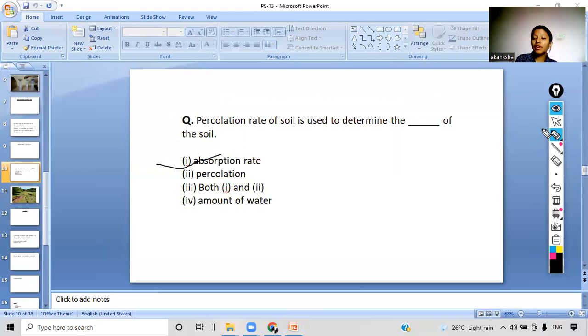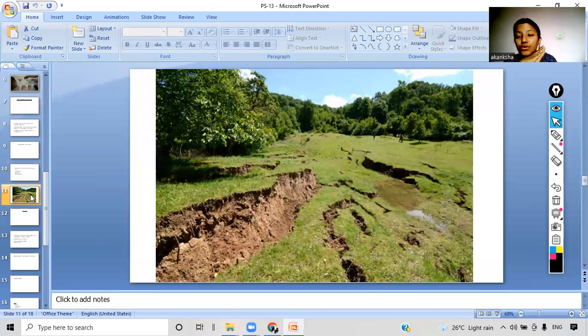So now we will move on ahead to our third topic for today. That is, you will see the picture and then identify. So yes, what you can see in this picture, you can write your answers in the comment box below. Okay, we can see that the land is having cracks in it. And somewhere soil is also visible, right?